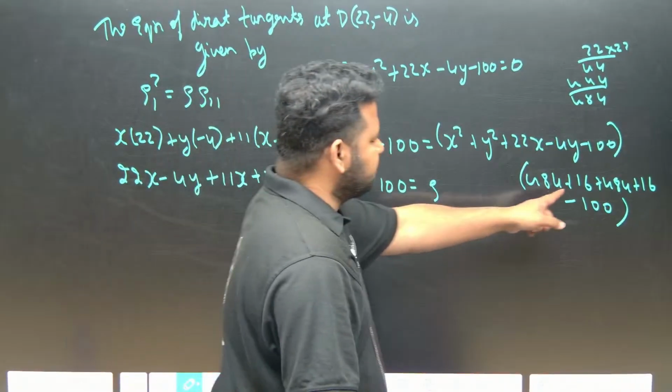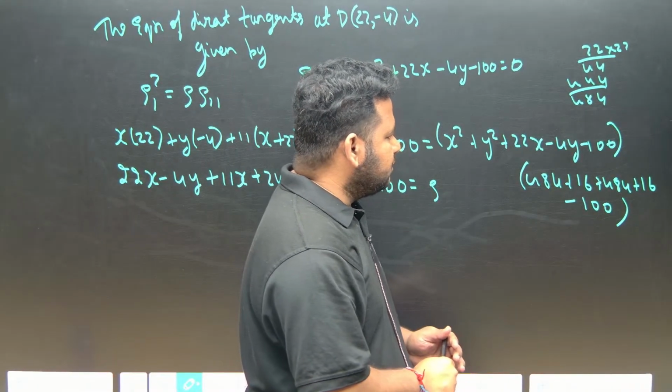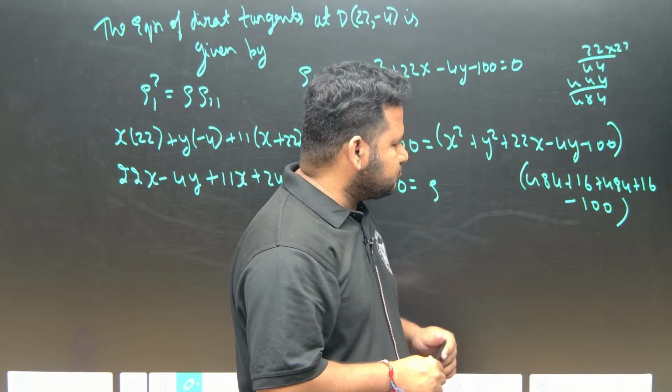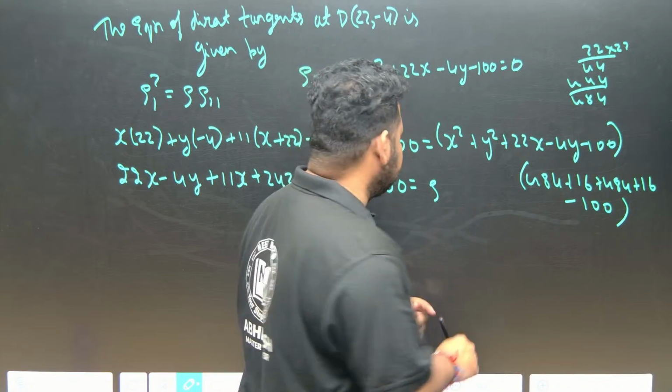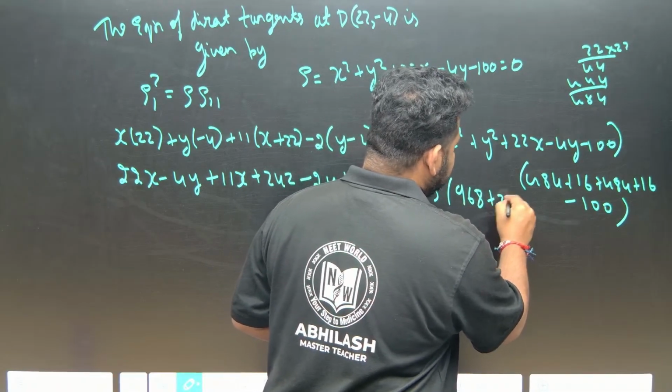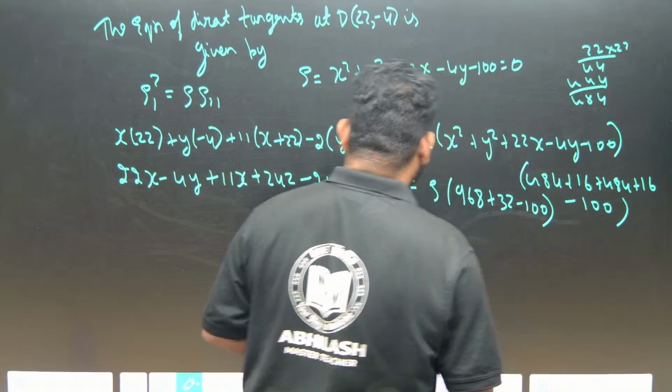So 484 plus 484 is 968, plus 32 minus 100.